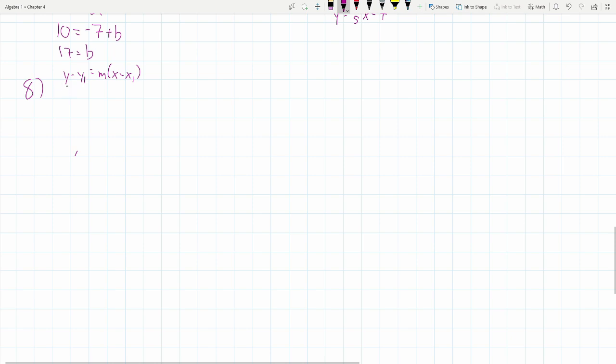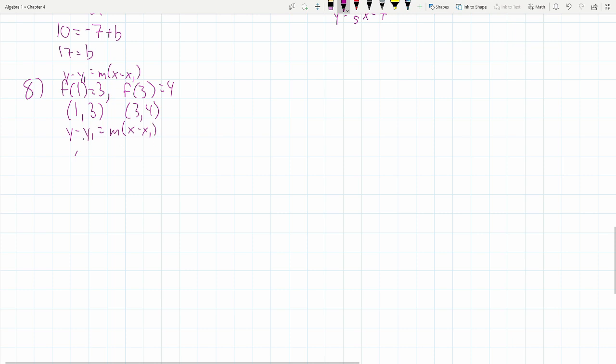So if we're given f of 1 equals 3 and f of 3 equals 4, then we can take out a point, so 1 comma 3, 3 comma 4. And so I know that I need y minus y1 equals m times x minus x1.